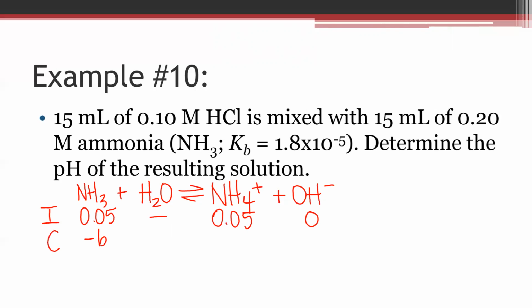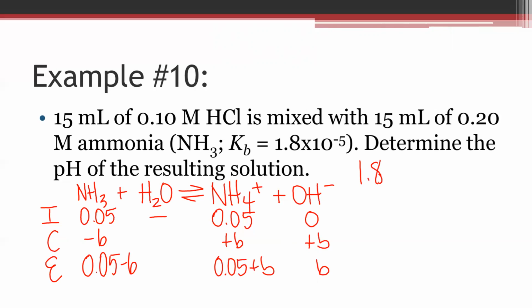So our change, putting B for bases, so at equilibrium, we got 0.05 minus B, 0.05 plus B, and B. Okay, so to save some time, I'm going to go ahead and just set up my equilibrium expression, taking away my assumptions without having to write all that down.